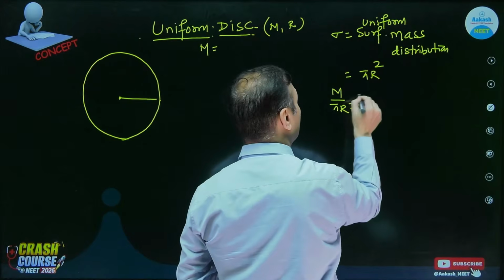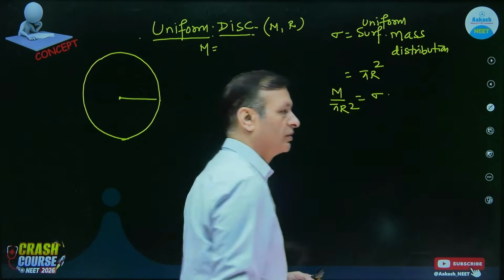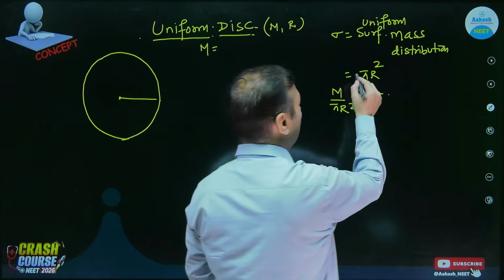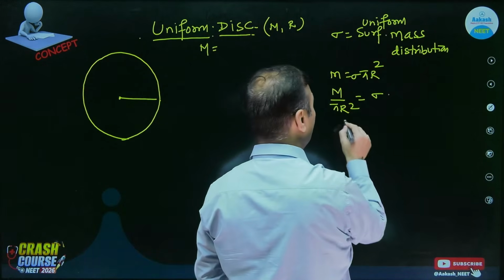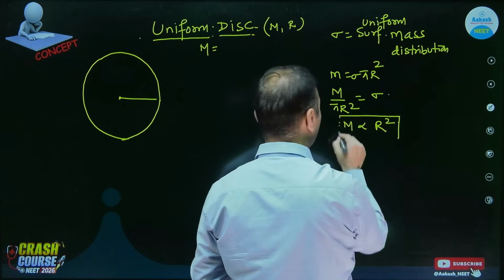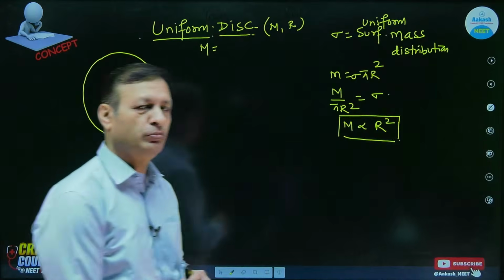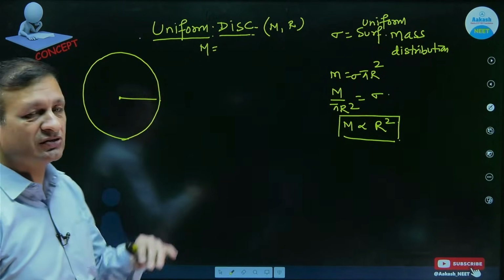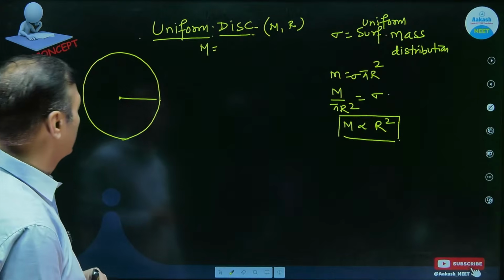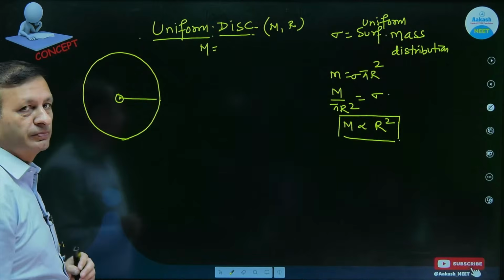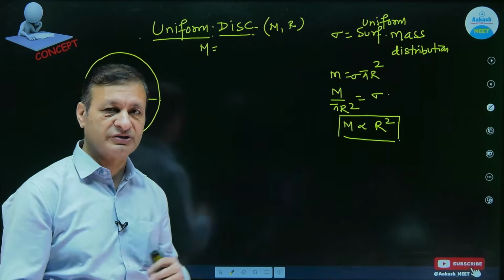Got it? So this is how we'll put down mass. Mass is directly proportional to radius square. We are assuming thickness is almost negligible, otherwise we could have taken the thickness also in defining this. So this is the center of mass for a uniform distribution. This is the basic concept.